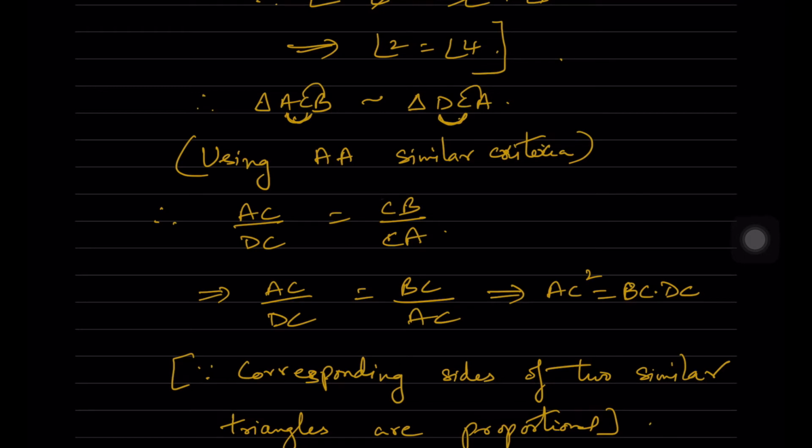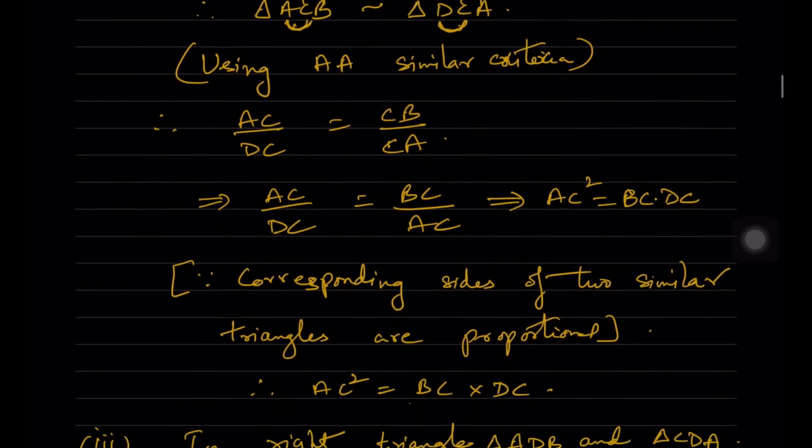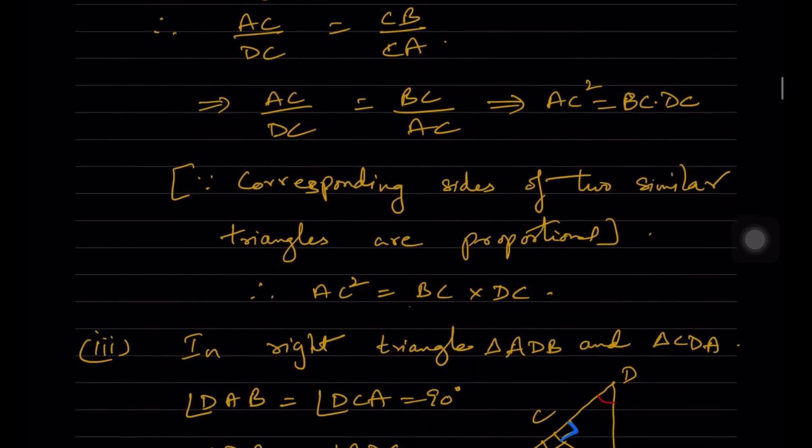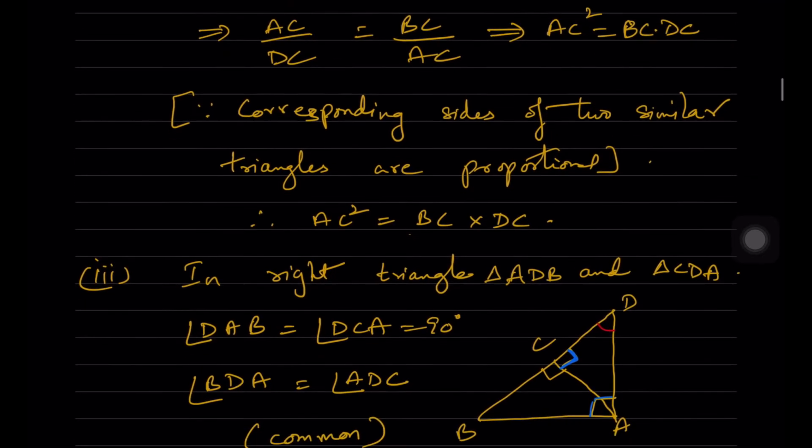Then I have reversed it in the next step: taking AC by DC is equal to BC by AC. So you get AC into AC, which is AC square, equal to BC into DC. Since corresponding sides of two similar triangles are proportional, therefore AC square is equal to BC into DC.